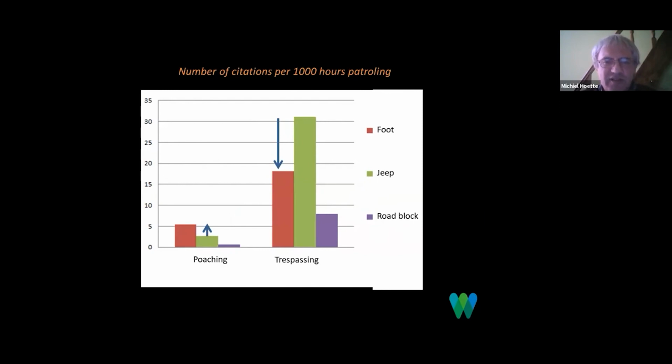For instance, at this particular site, but it's usually true for all sites in Russia, vehicle patrols are effective if you want to catch trespassers, just simple tourists, basically. But if you want to catch poachers, foot patrols are much more effective, almost twice as effective as vehicle patrols.